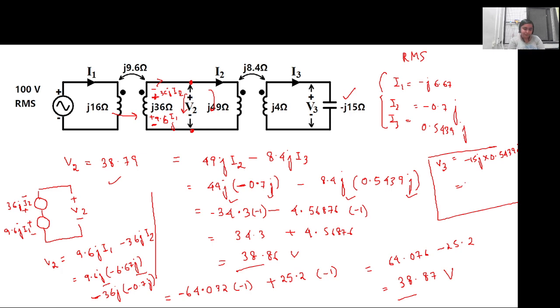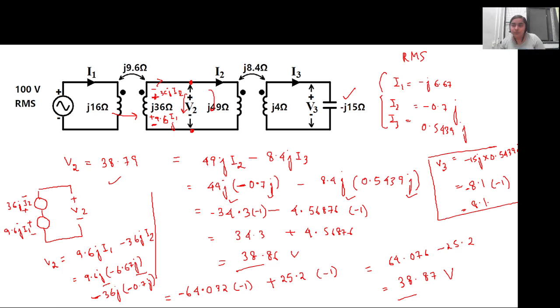So 15 into 0.5439 comes out to be 8.1. Negative, and j squared is negative, so it is 8.1. So everyone has got this? Yes, ma'am. Okay. If you have any doubt, you can ask. Otherwise, we'll move to the next question.